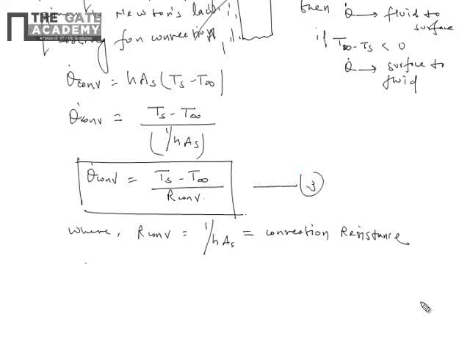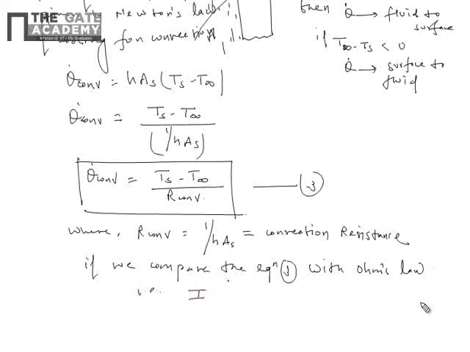If we compare equation 3 with Ohm's law, that is, electric current I is voltage drop upon electrical resistance.